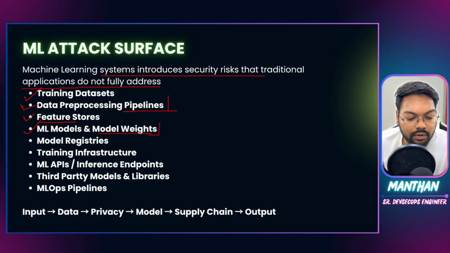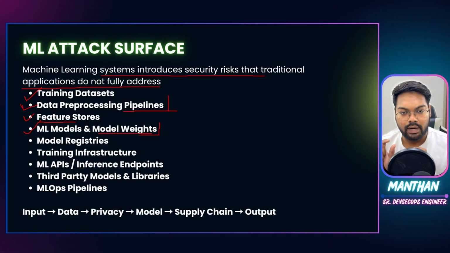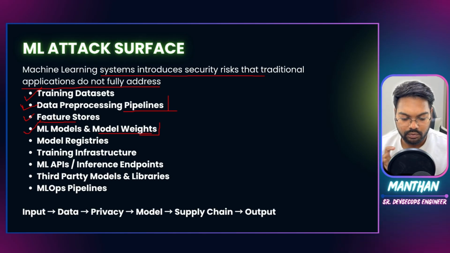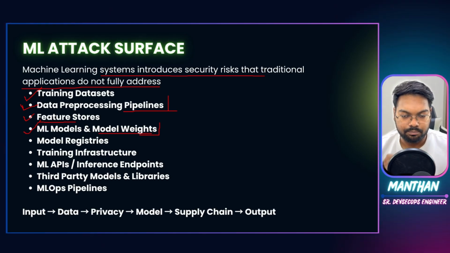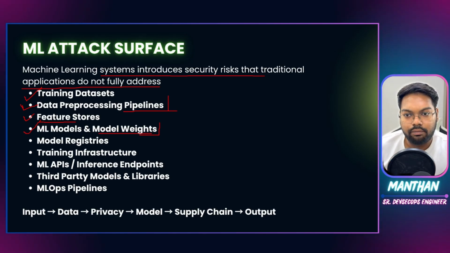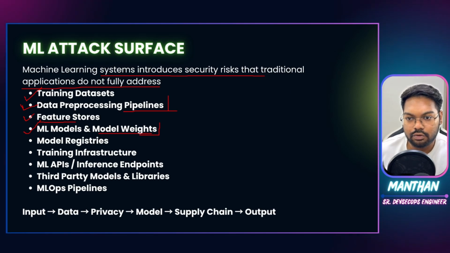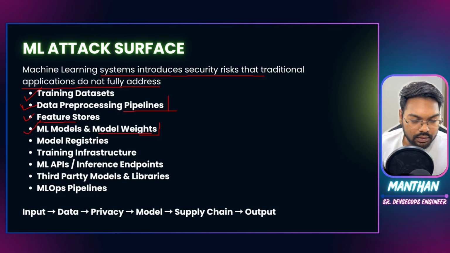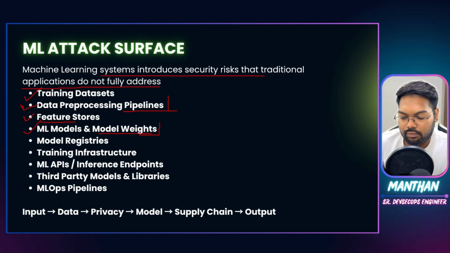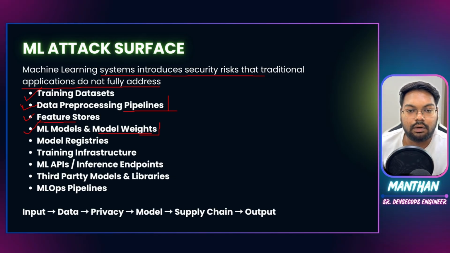A weight is a correlation between two tokens or two items in the training data set. So if we manipulate these weights, then the accuracy of the answers gets changed, or they get disturbed, and then it results in inaccurate answers.